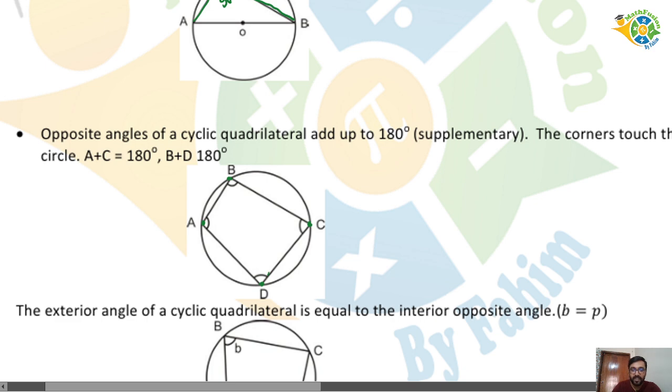So if a quadrilateral is cyclic, then opposite angles of the quadrilateral will add up to 180 degrees. So here, if this is x and this is y, x plus y will be 180. Okay. So if this is p and this is q, p plus q will be 180 degrees.